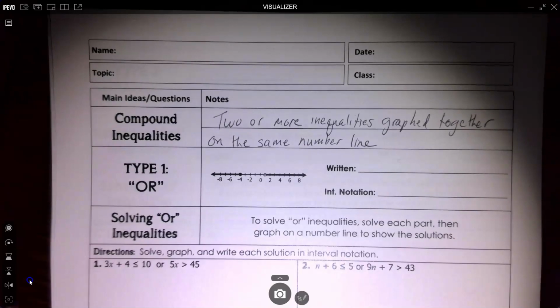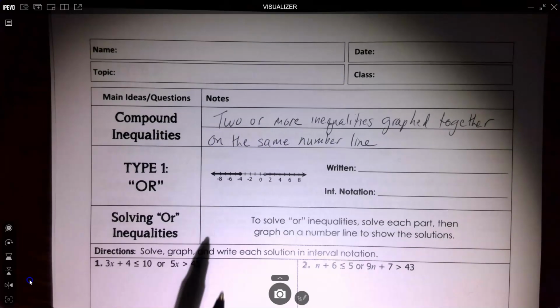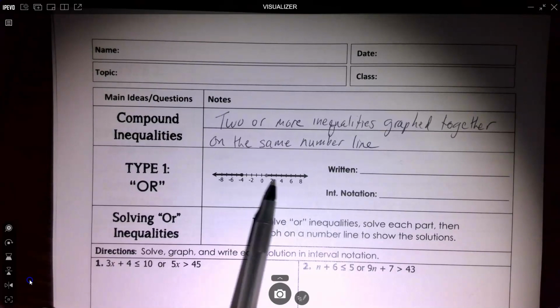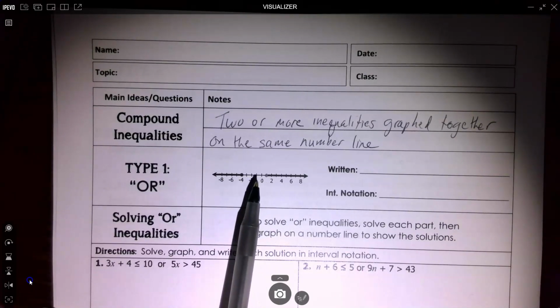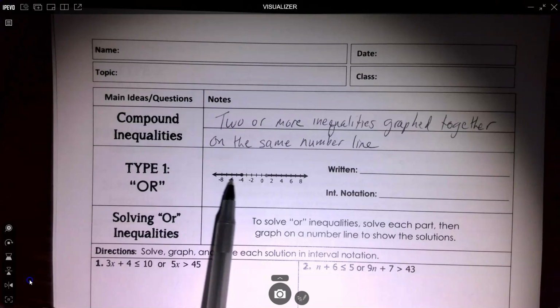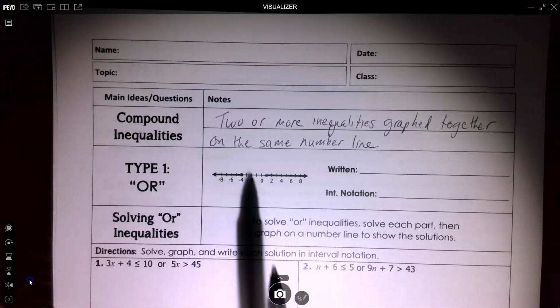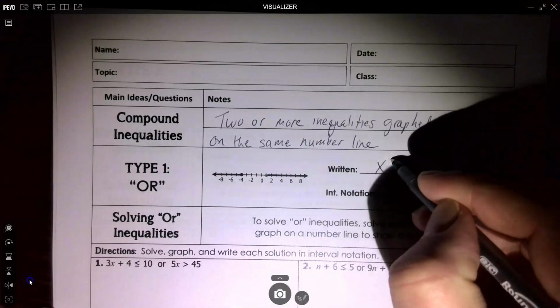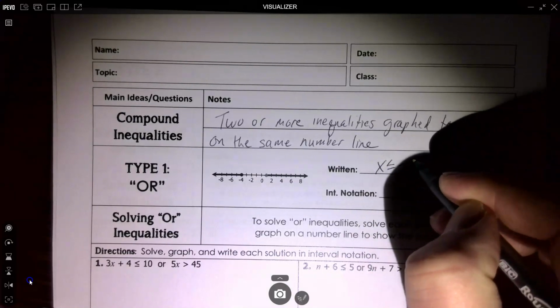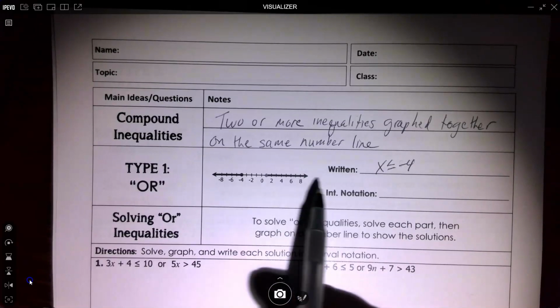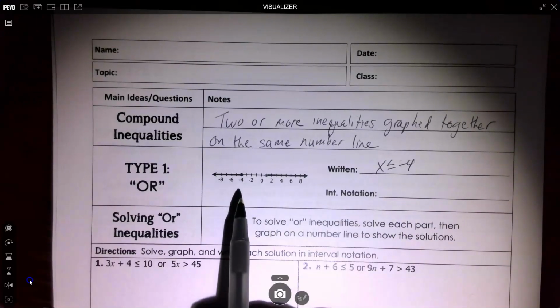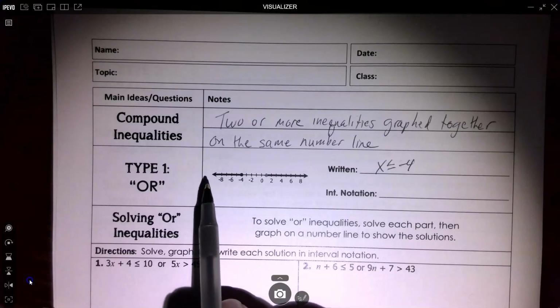Alright, so for instance, here's the number line already filled out, and we want to write in what are the inequalities. If we do the one on the left here, this is just x is less than or equal to -4. Remember that if it's filled in, that means you put equal to, and all these numbers are less than -4.